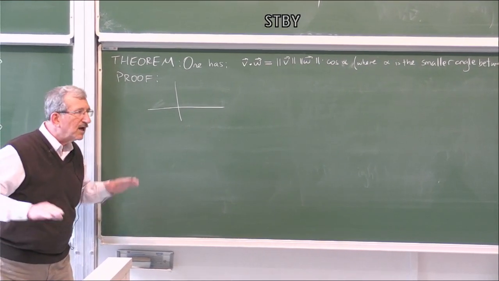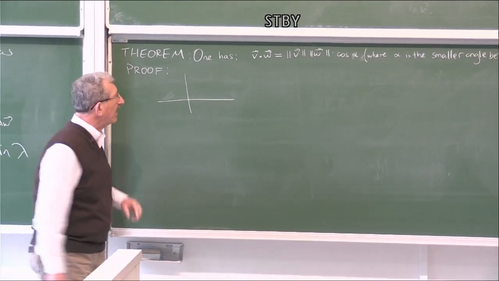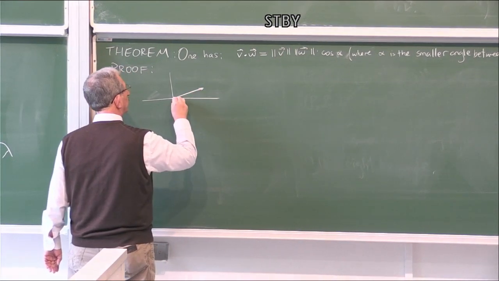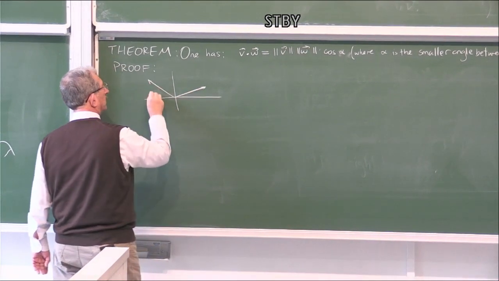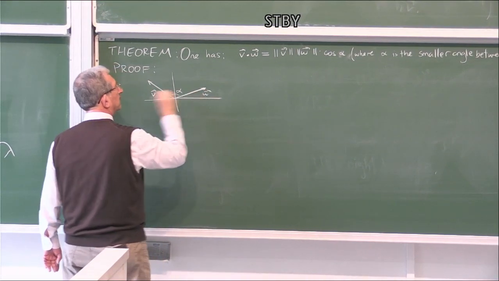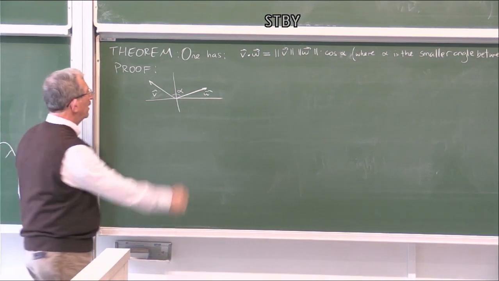So say we have two vectors, V and W, and this is the angle alpha between them.